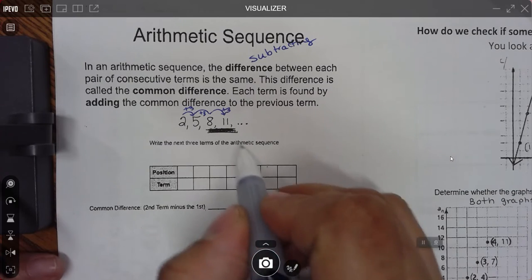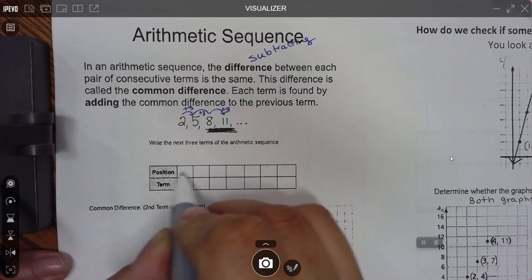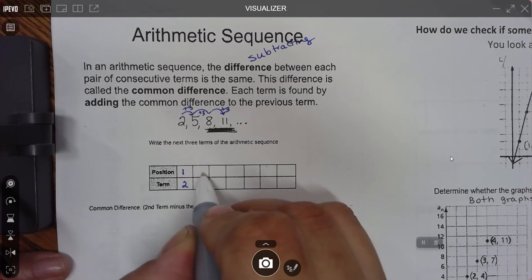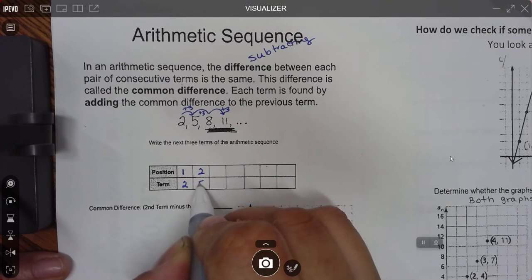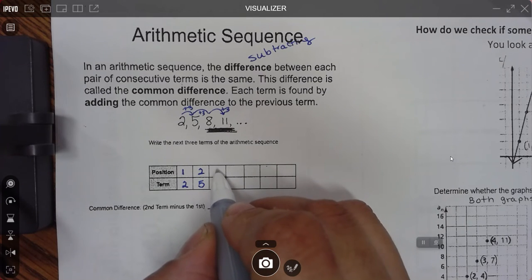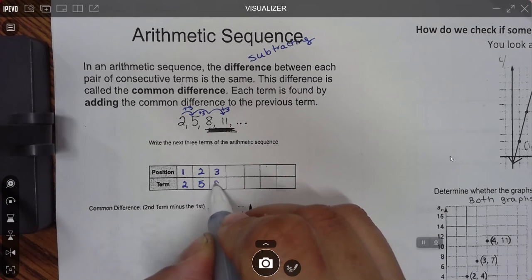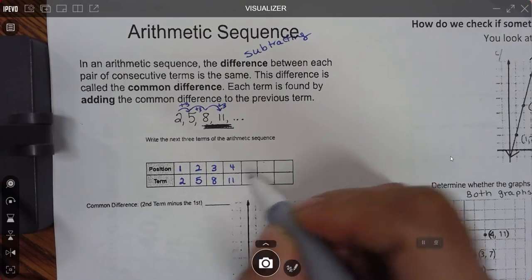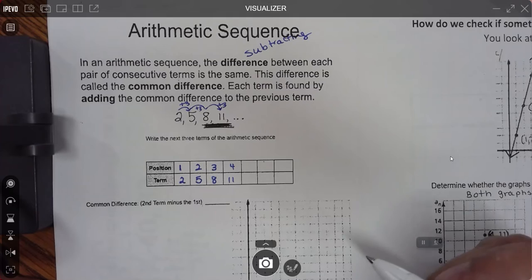So with that in mind, the first term is 2. The second term is 5. The third term is 8. The fourth term is 11. And we need to find the next 3 terms.